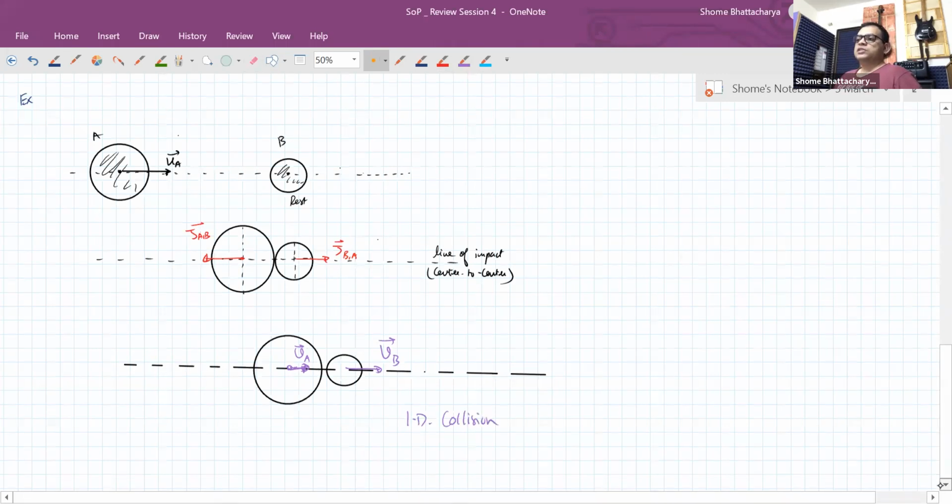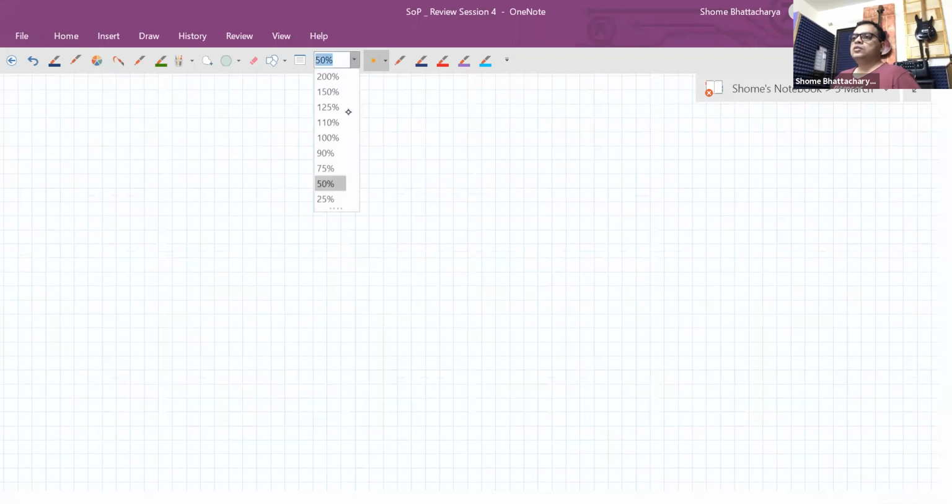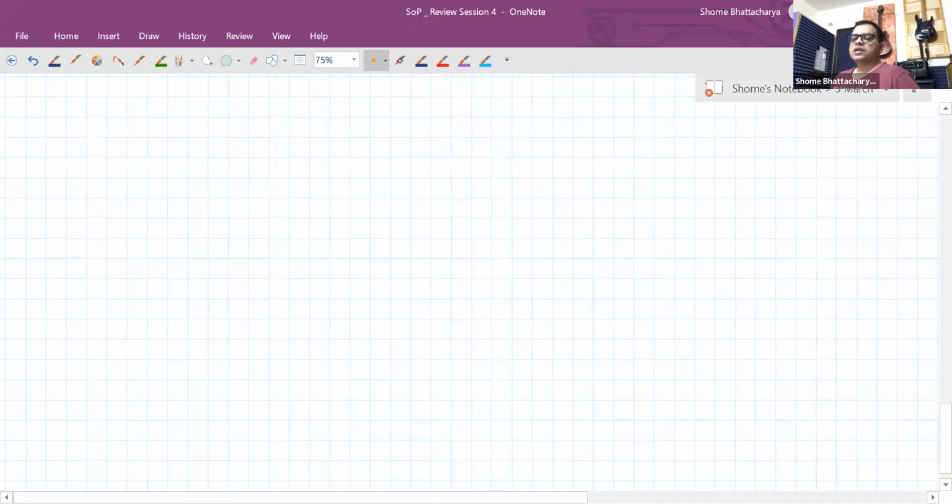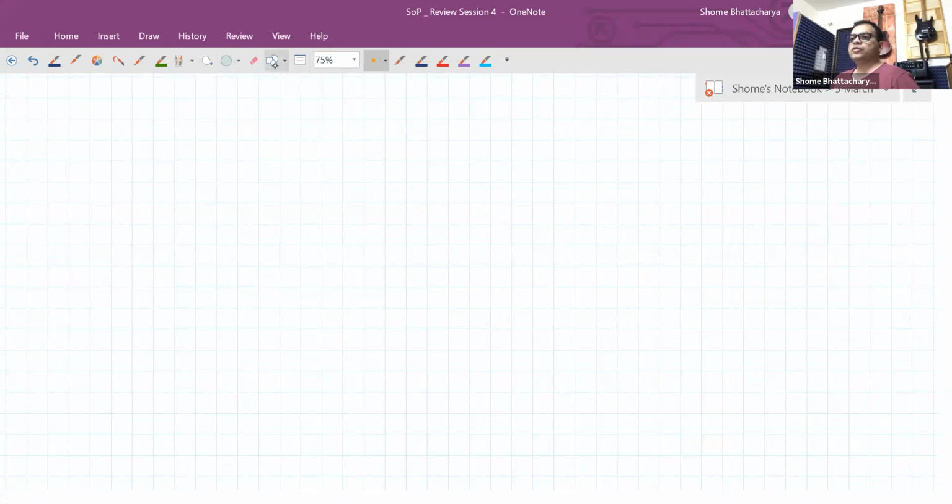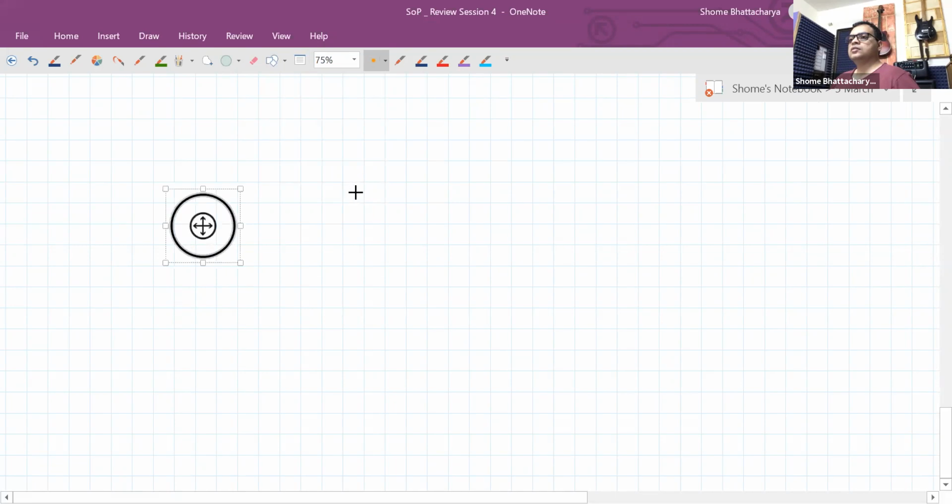But now visualize the situation where the same two round objects, like the two discs, are having a slightly different kind of collision, where let's say this is one of them and this is the other one.